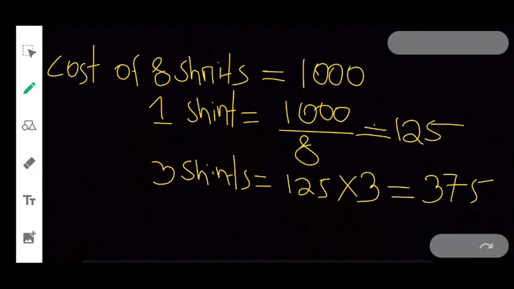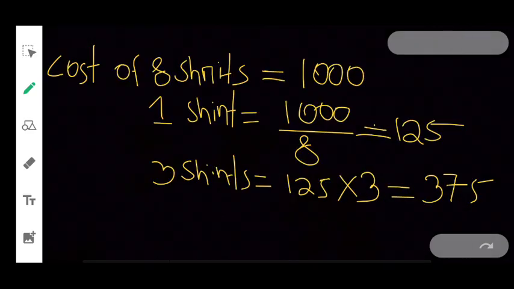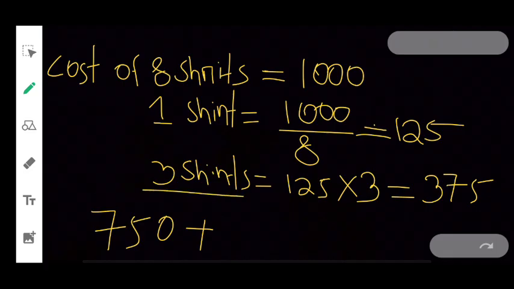So this will be 375 rupees. Okay, now to find out the amount required to buy 3 pairs of trousers and 3 shirts, the cost of 3 pairs of trousers is 750 plus the cost of 3 shirts is 375 rupees.